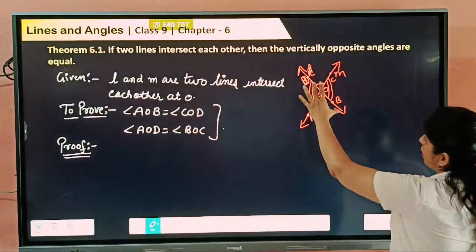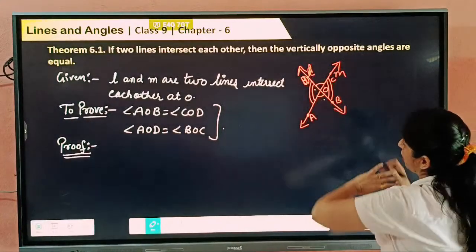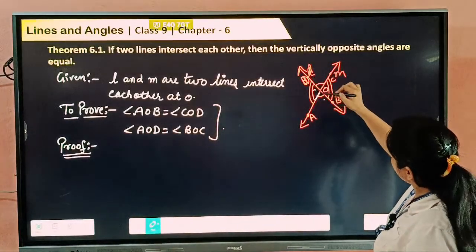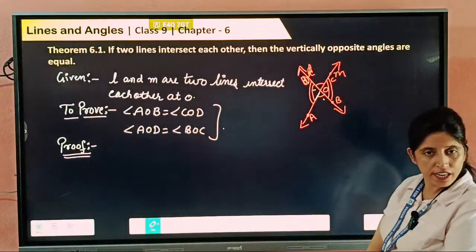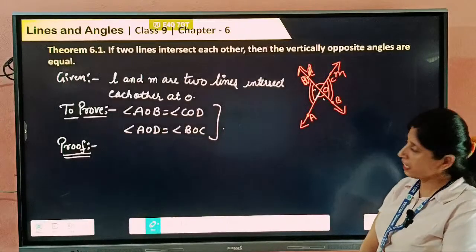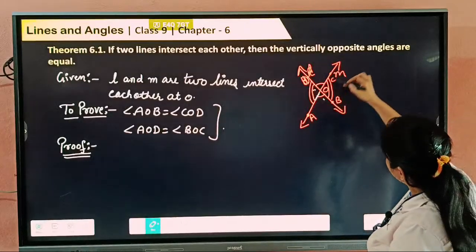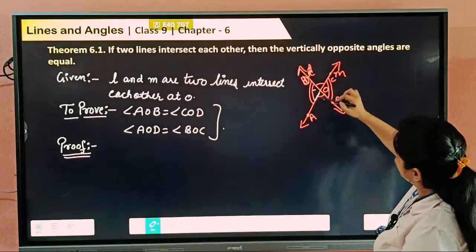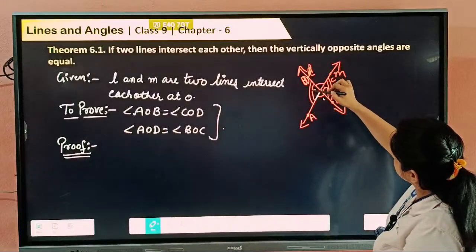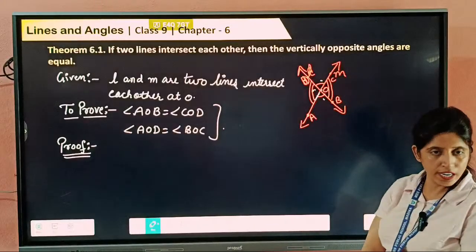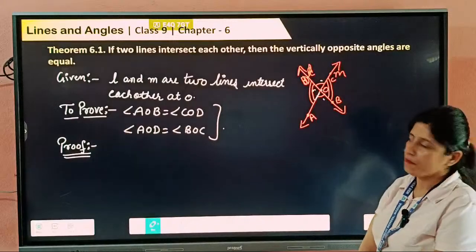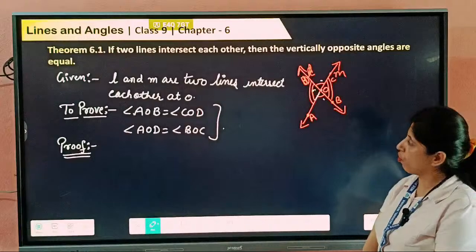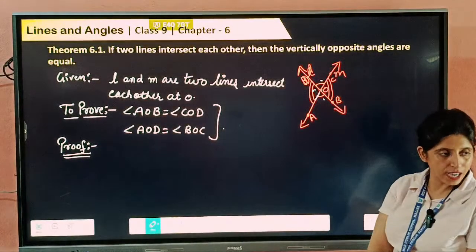In the same way, I am taking this line AOC and OD has fallen on it. So angle AOD, this angle plus this angle, forms 180 degrees because of linear pair. If both are equal to 180, then we can take both equal. So from these two, we will get two angles equal, right?